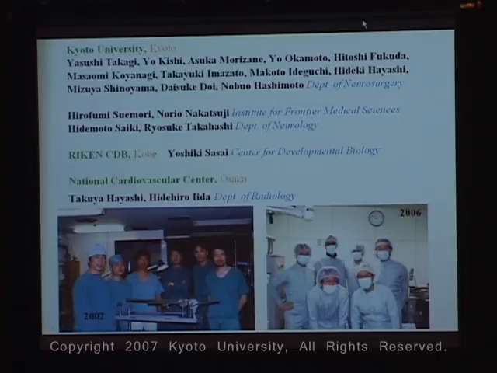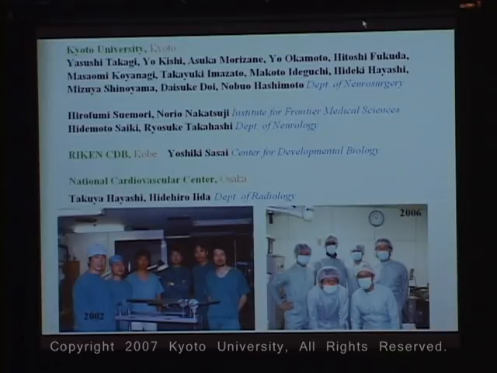When we studied the monkey surgery in 2002, the building and clothes were very old, but now they are renewed, and we are working very comfortably. For the ES cells, we are helped by Dr. Suemori and Nakatsuji, and for the neural induction, we are helped by Dr. Sasai at Kobe. And for the PET study, we get help from Dr. Hayashi and Ida at Osaka.